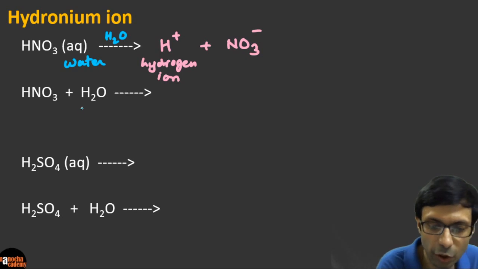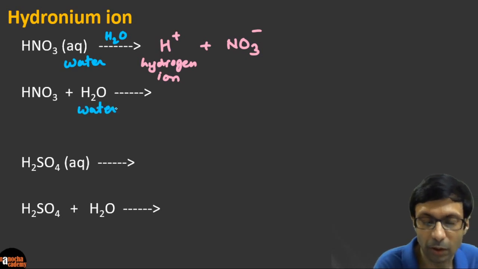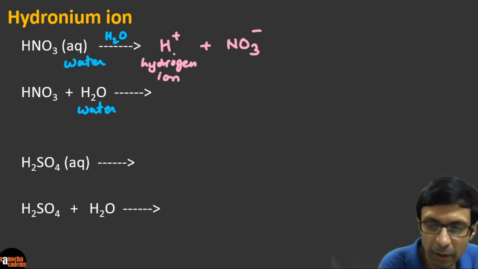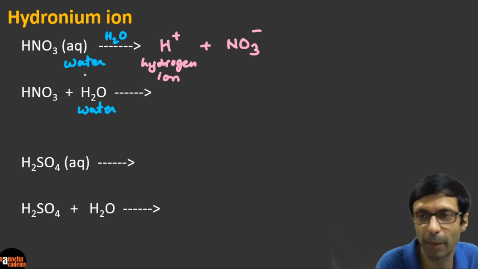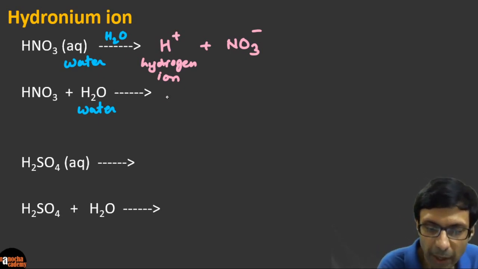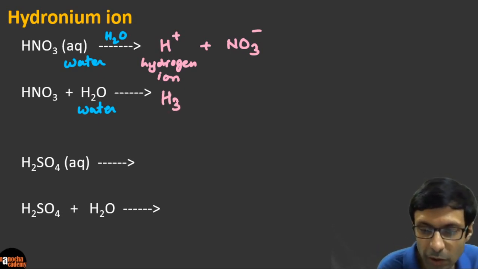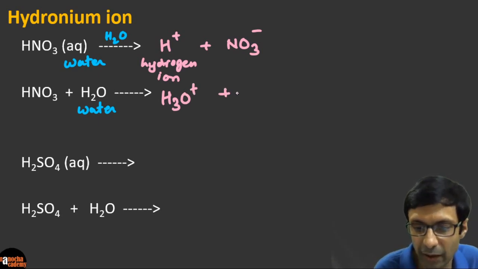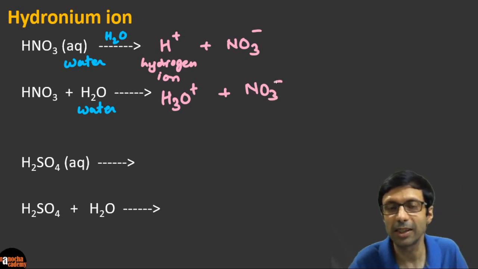And in the next equation, you can see we'll try to write the complete equation where the concept is that this H plus is going to combine with water. So it's like a second step, right? H plus will combine with water. So instead of H plus, we just have to write H3O plus, okay, and plus nitrate. So guys, if you take a look at the equations here, they are pretty much the same thing.